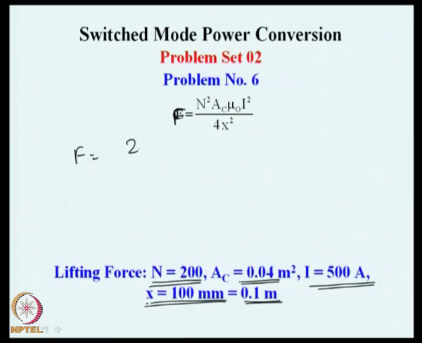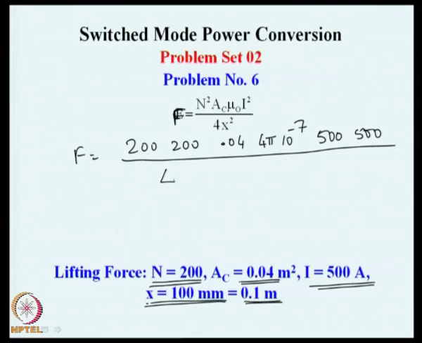calculated as 200 into 200, which is the number of turns square, and AC is 0.04, and mu naught is 4 pi 10 power minus 7, current square is 500 into 500, and this entire thing divided by 4 into x square, which is 0.1 square, which is 0.01.